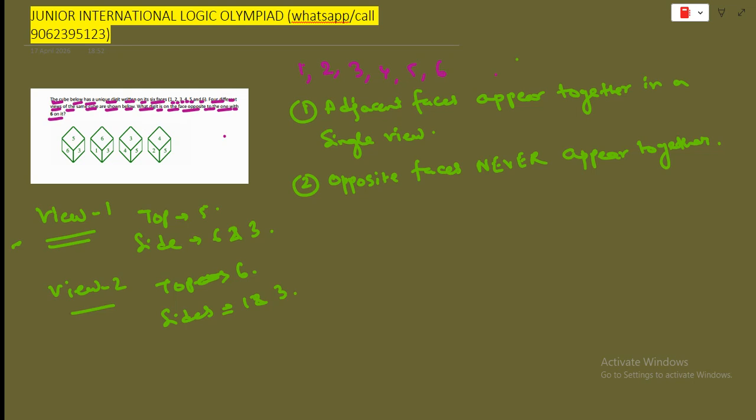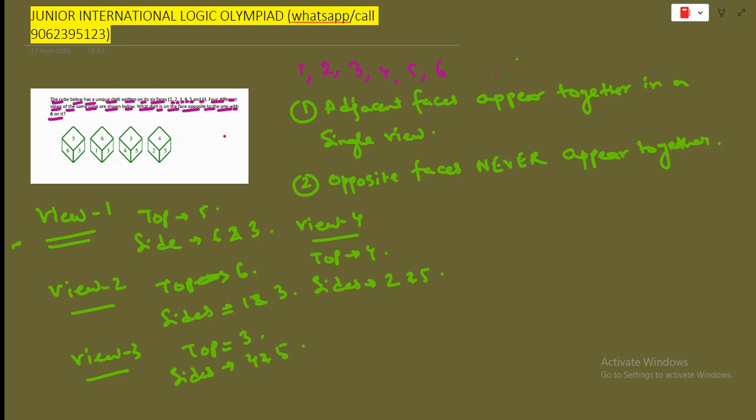View 3: top 3 and sides are 4 and 5. So 3 is adjacent to 4 and 5. Now view 4: top 4, sides 2 and 5. So 4 is adjacent to 2 and 5.